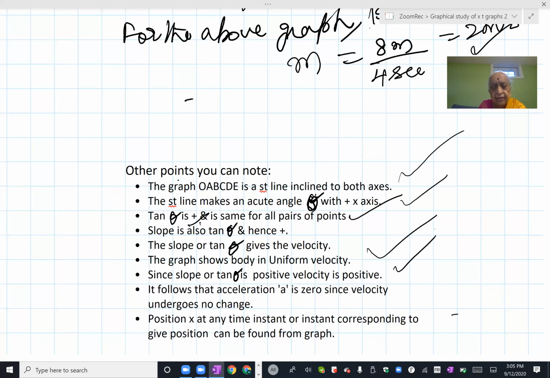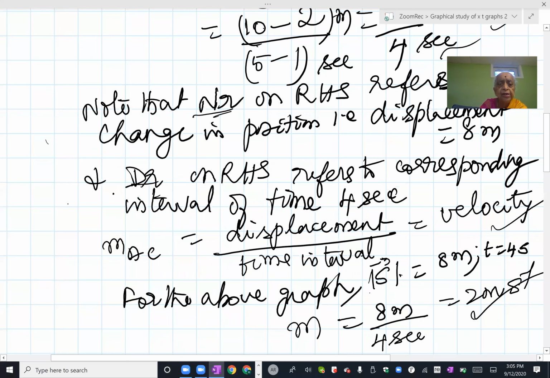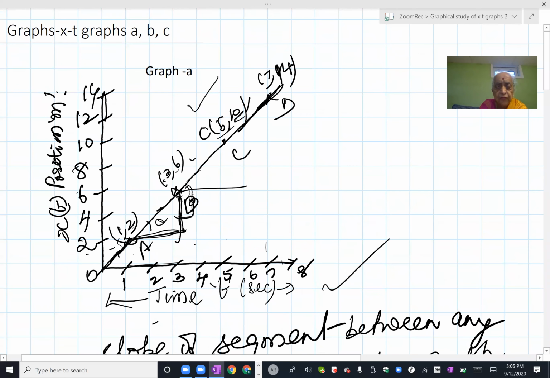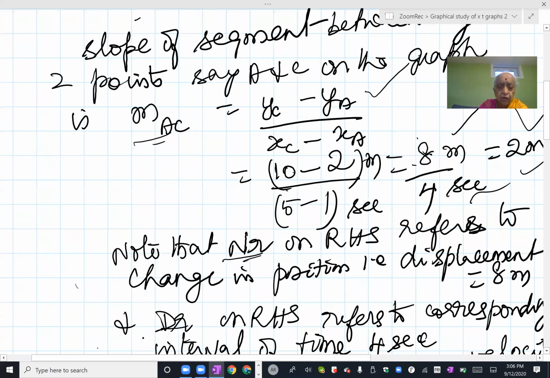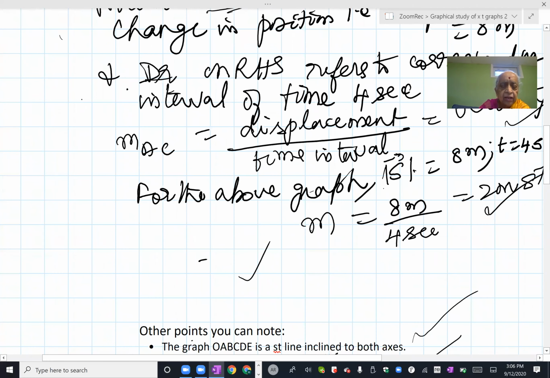So in this case, because the body is moving to a farther and farther point as time goes on, it is only 2 meters away from the origin at 1 second, and at 7 seconds it is 14 meters away. So the distance is increasing. You find that it's showing an increasing trend of slope. So you can call it a positive velocity. That's what I want you to understand here.